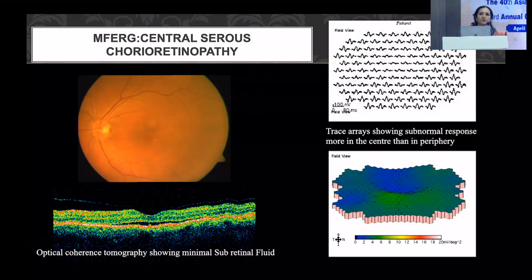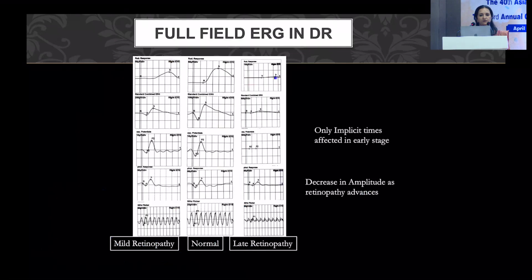There are some acquired or non-congenital disorders of the retina also which can be picked up on MFERG. In fact, MFERG was one of the first tests which told us that central serous chorioretinopathy is actually not only a macular disease but a widespread affection of the retina, because whenever MFERG was done in patients of CSR, you saw widespread affection of the responses.